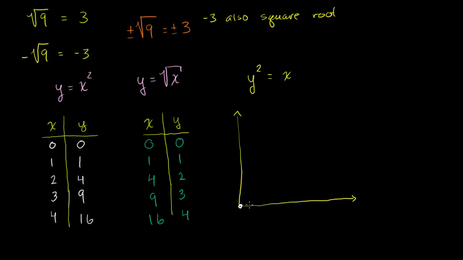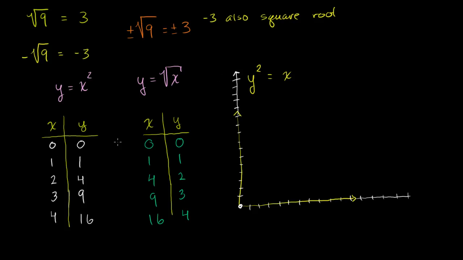Let me go 1, 2, 3, 4, up to 16. That's about how far I have to go. And I have 1 through 16 in the other direction as well.